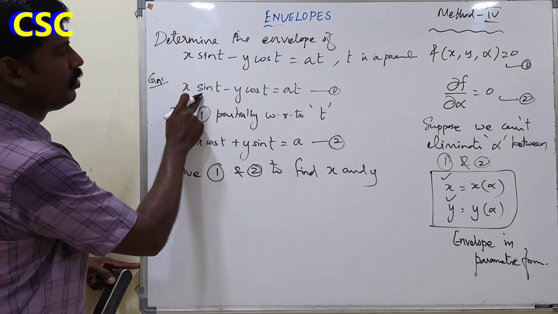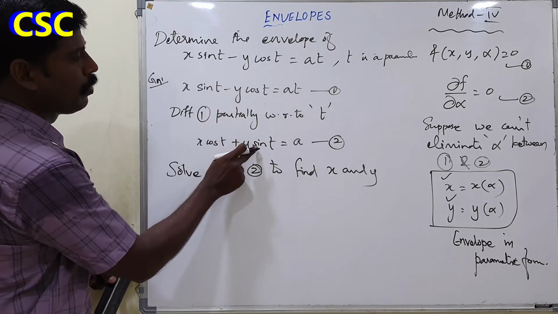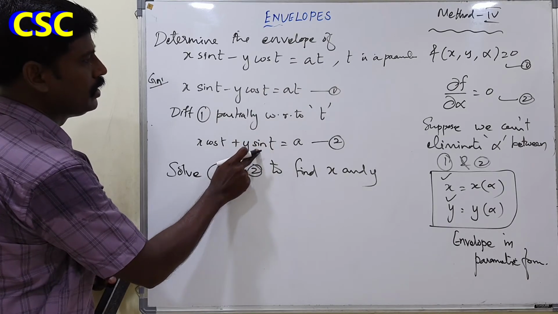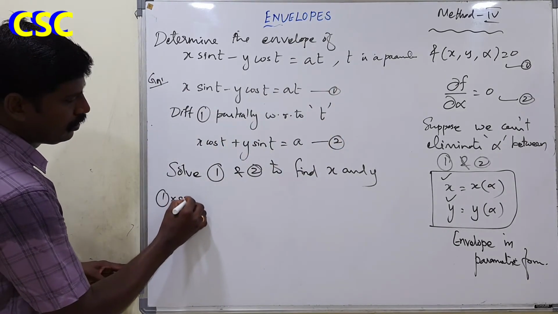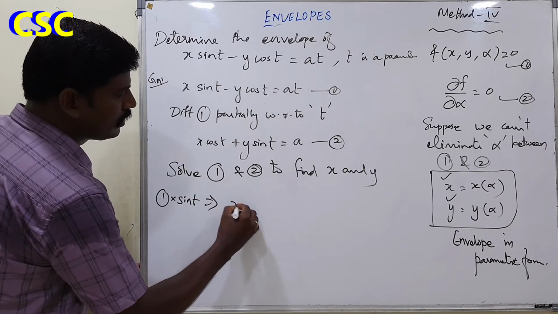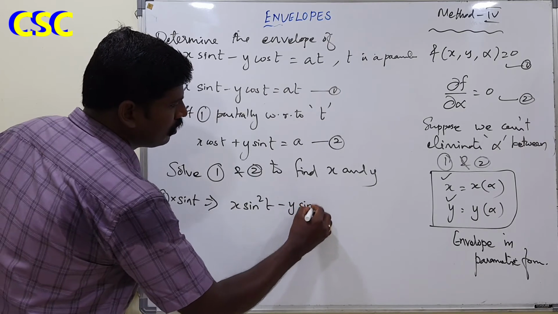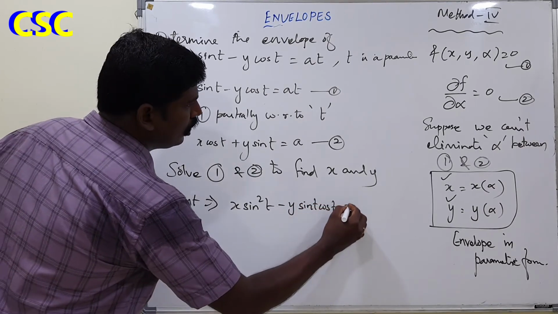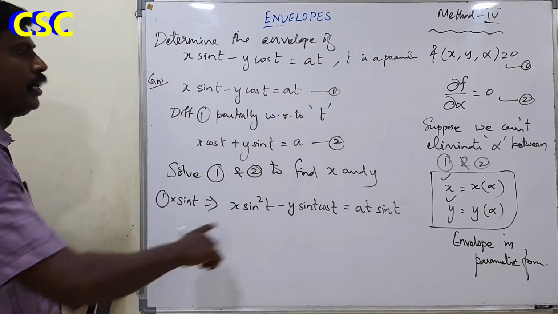First I am going to find the value of x, because both have opposite signs. What is the coefficient here? Sin t. So I am going to multiply equation 1 with sin t. So 1 into sin t implies x sin squared t minus y sin t cos t equals a t sin t. Don't forget to multiply the right hand side also.